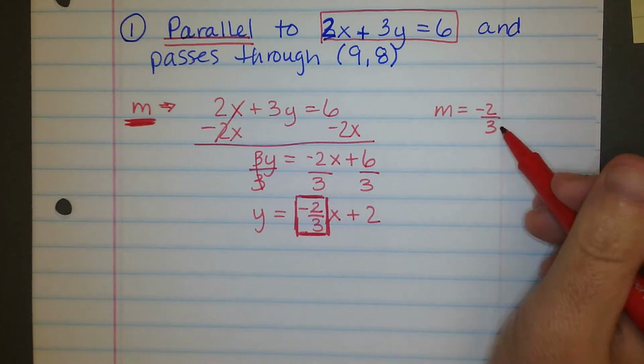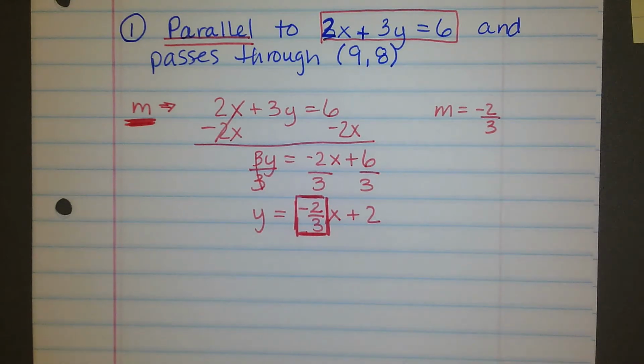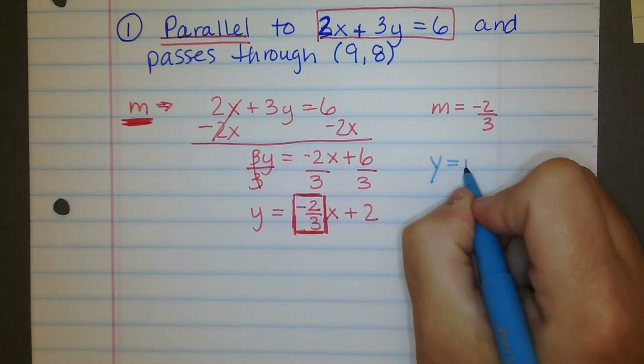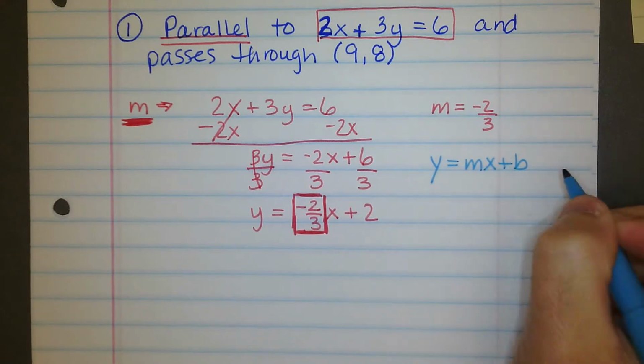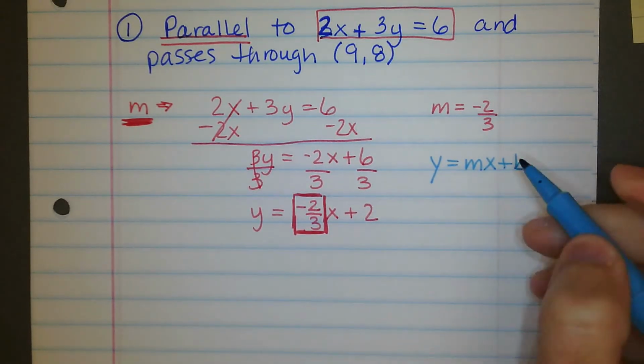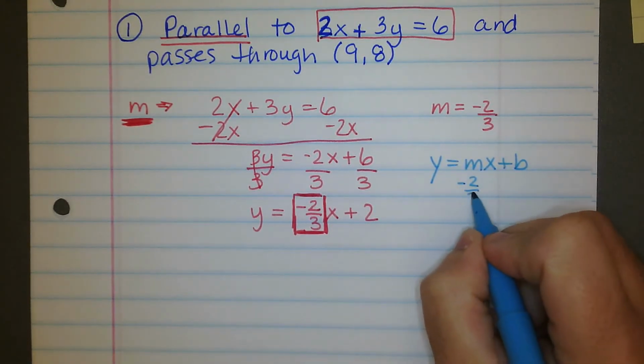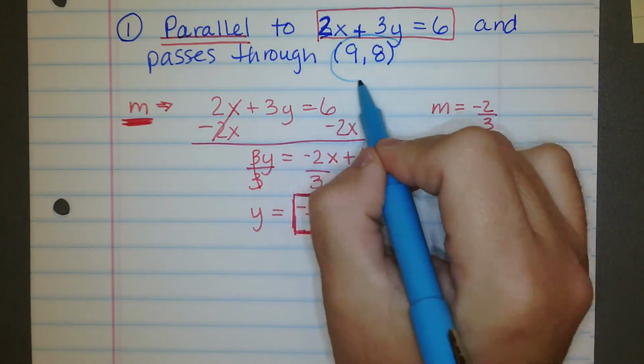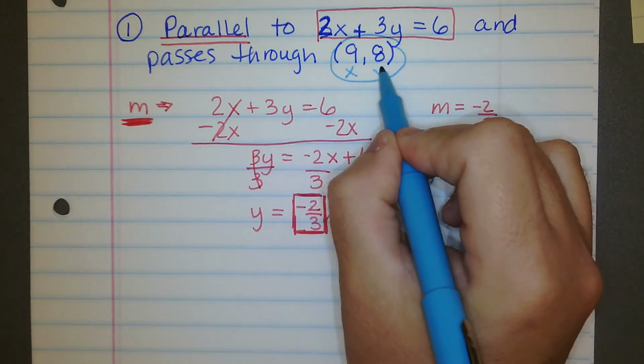Now that I have my m, I'm going to take my y equals mx plus b. I'm going to substitute my slope in for m. And I'm going to use the coordinate they give me for x and y.